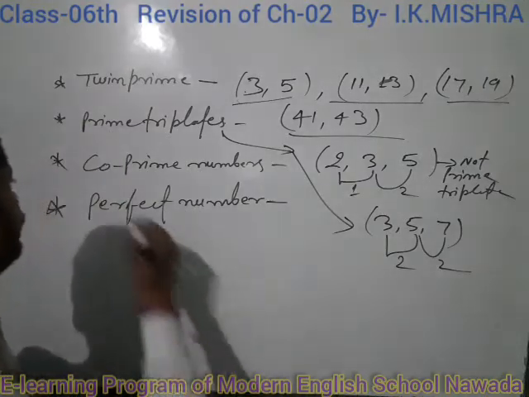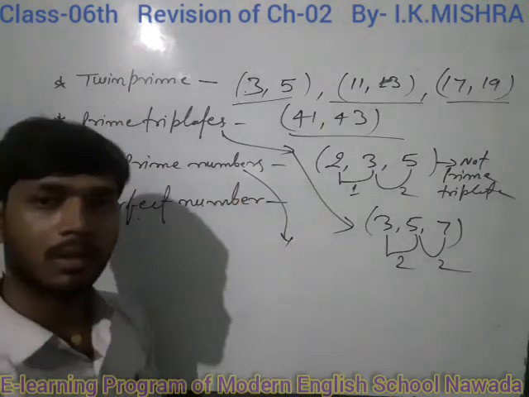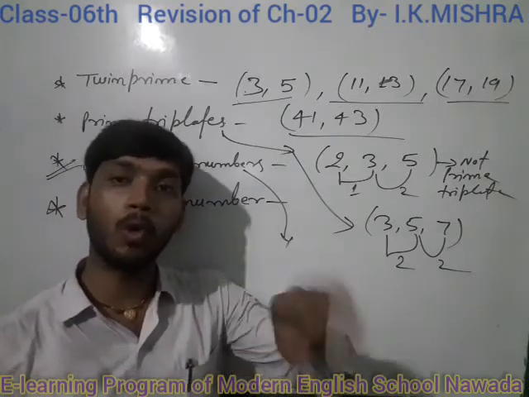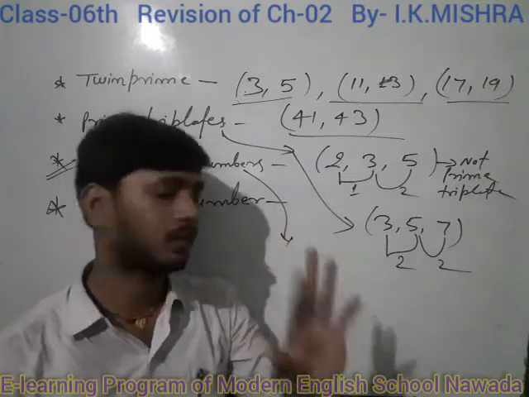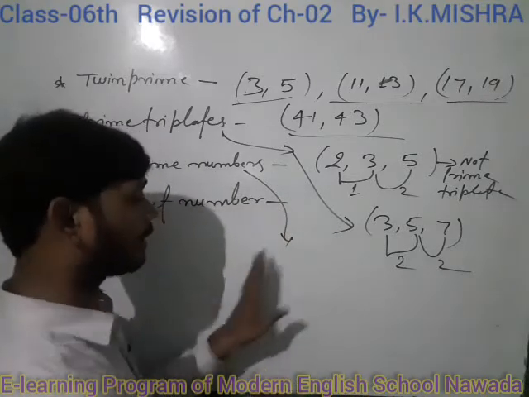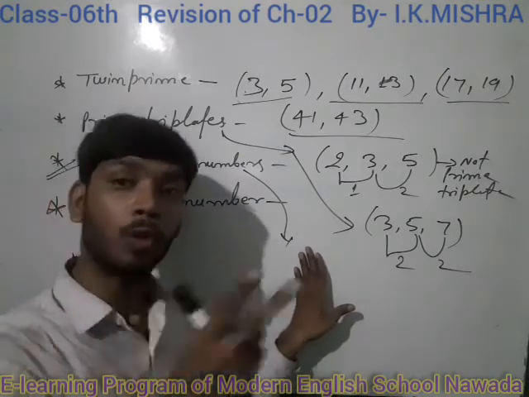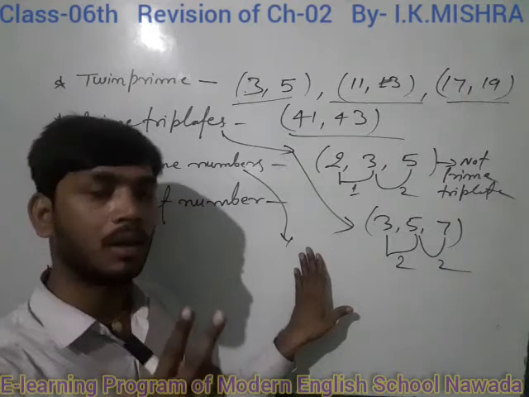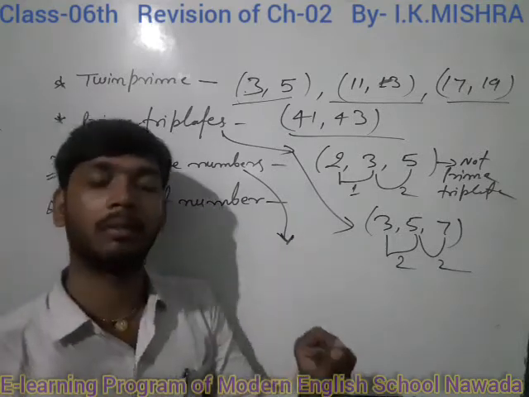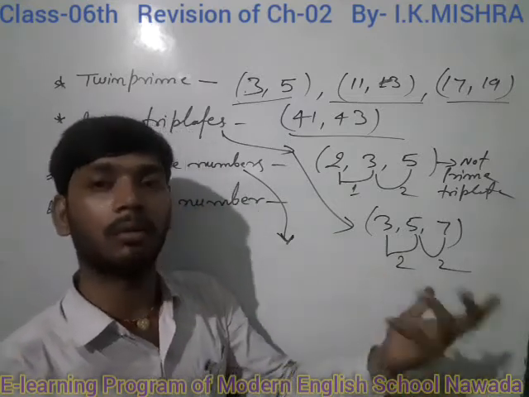Now know co-prime numbers. Co-prime numbers are a set of 2 numbers having no common factor other than 1. That means both numbers may be prime numbers, or one prime and one composite, or both composite.